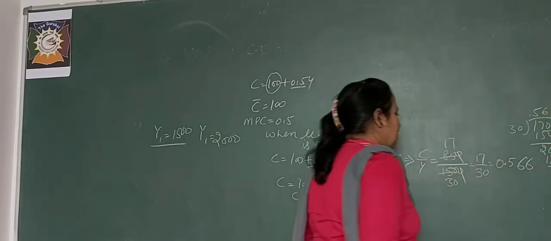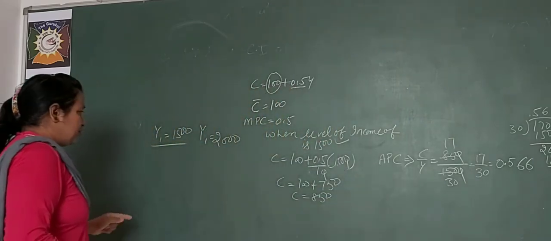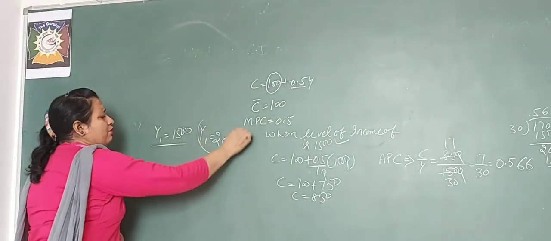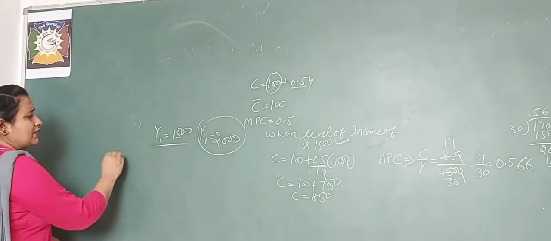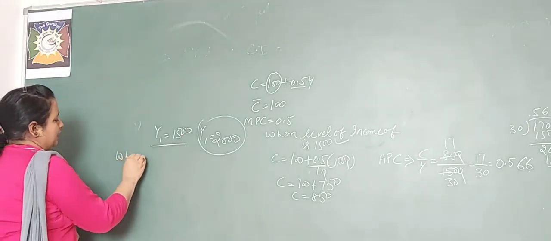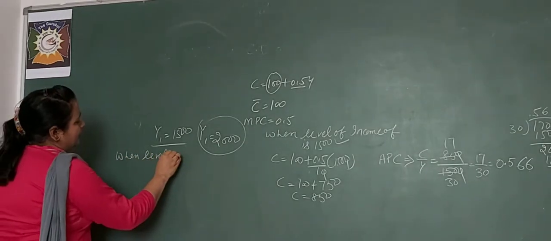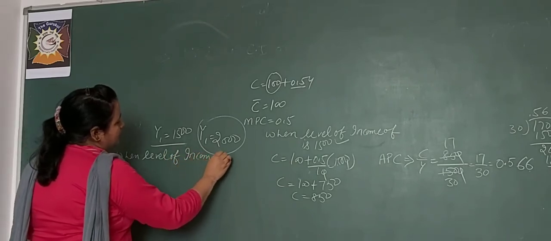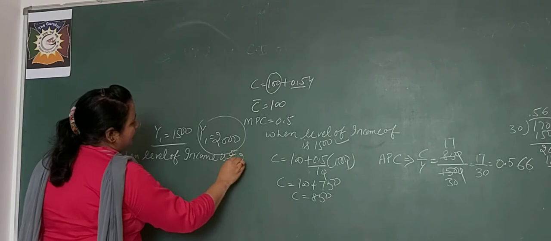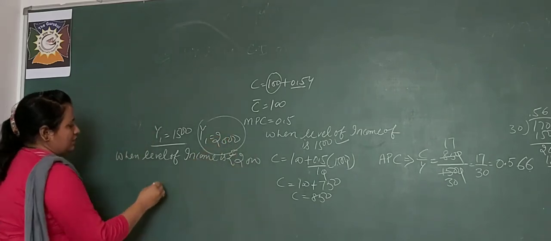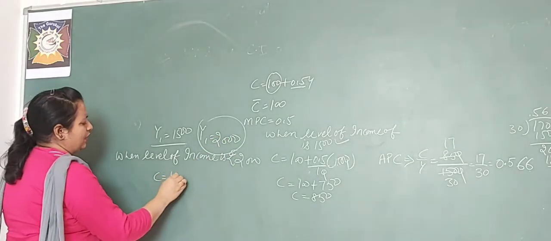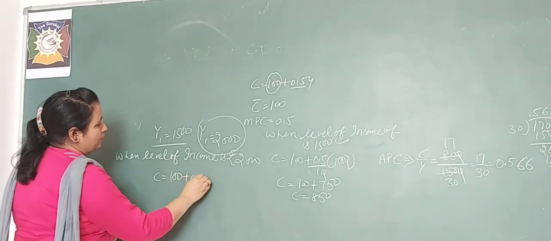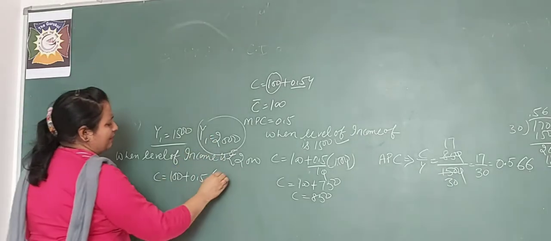Five, 6. Next, if I put the value of income 2000, so let us start. When level of income is rupees 2000, C is equal to 100 plus 0.5 and level of income I will put 2000.